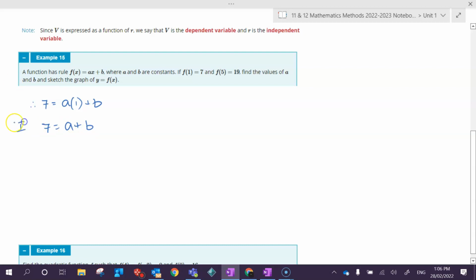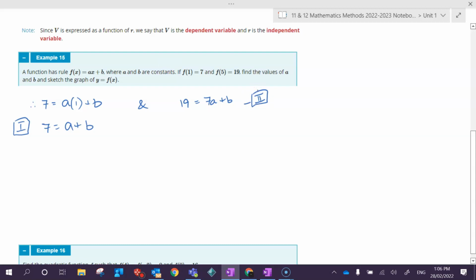There's my first equation. And what else do they give me? When x is 5, the function is 19. So 19 equals 5a plus b. That's my second equation. Find the values of a and b and hence sketch the graph.